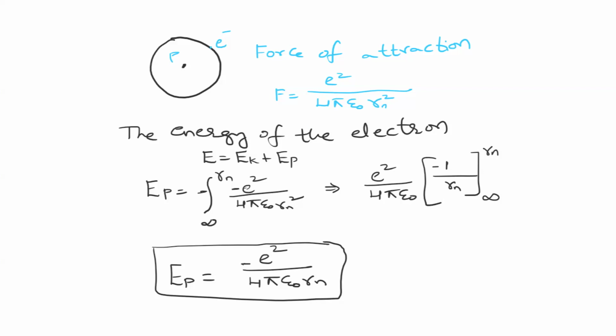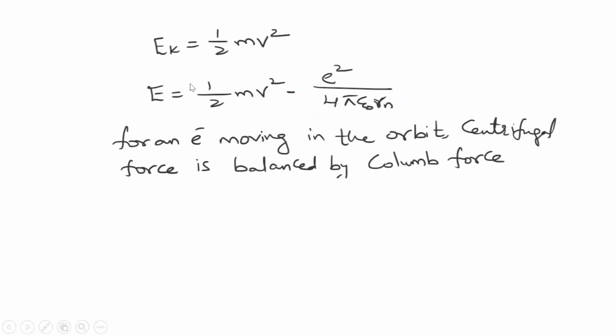So integrating and substituting the values, we get potential energy minus e square by 4 pi epsilon Rn. Now kinetic energy is nothing but half mv square. So we have total energy as half mv square minus e square by 4 pi epsilon Rn, which is the potential energy.